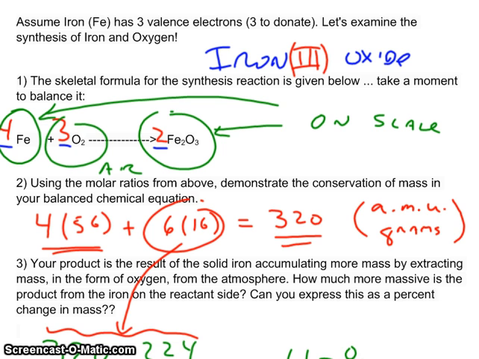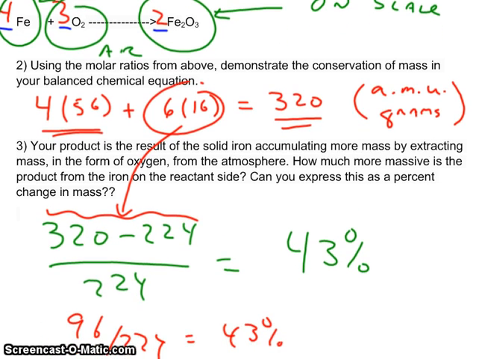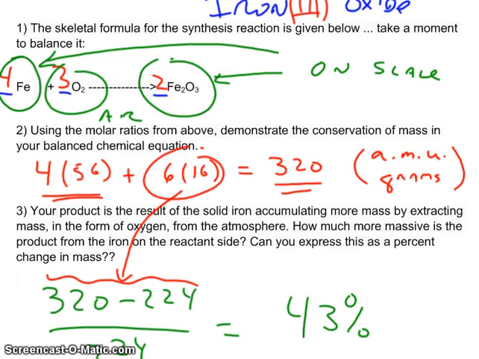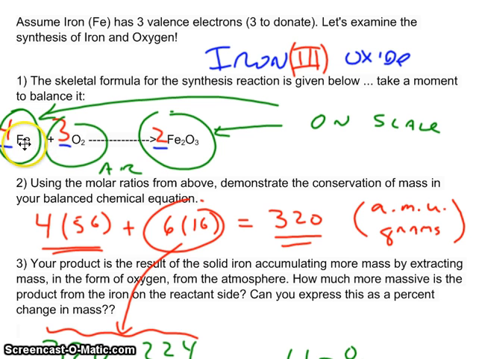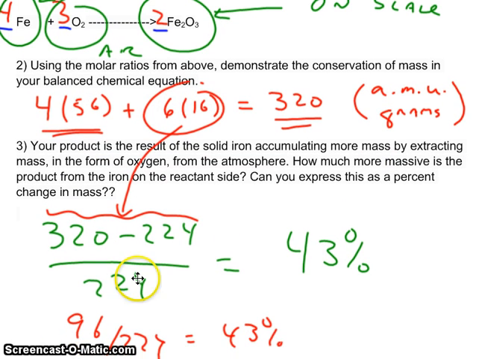So there's some mathematical thinking there, and then they can show a percent increase if this is the mode. If this is the mode here, 4 irons and 3 oxygens combining to make 2 iron oxide molecules of this form, then we should be able to show that when you burn it, when you synthesize that iron oxide, you should get a 43% increase in mass.